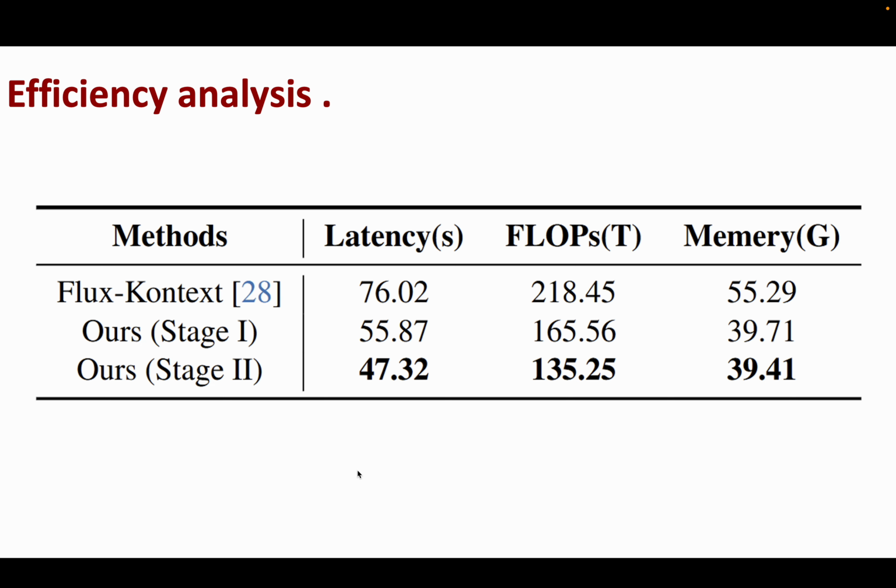Stage 2 builds on this by pruning redundant tokens and applying adaptive fine-tuning, achieving further reductions of 37.8% in latency and 38.1% in FLOPs, without compromising generation quality. These results demonstrate that our combined decoupled attention and token pruning strategy significantly improves efficiency while maintaining high-quality output, striking a strong balance between performance and resource usage.